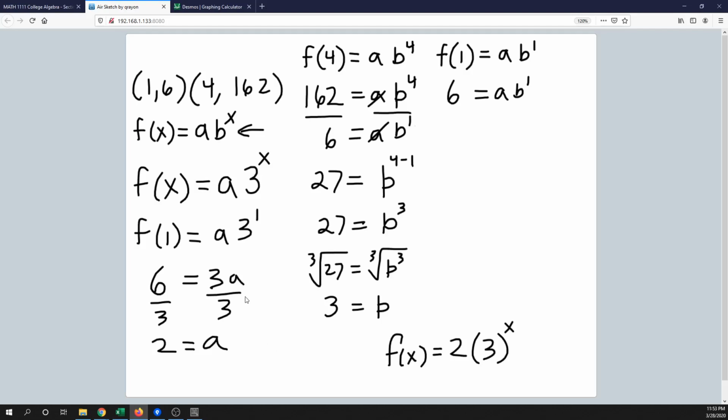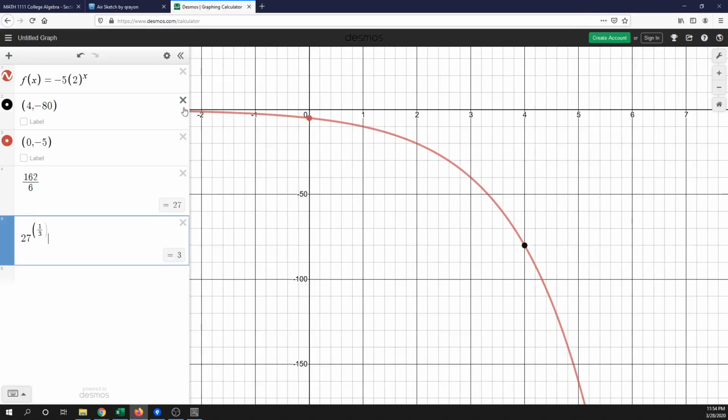And again, let's take a look at that. You can always check your answers on these, which is nice. So our points were 1 and 6, and 4 and 162.